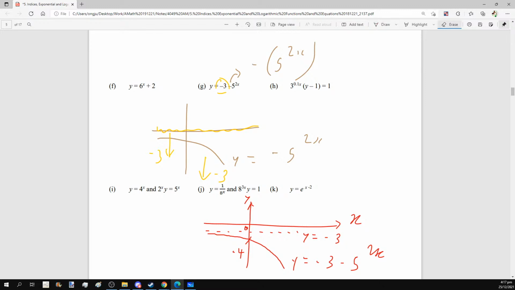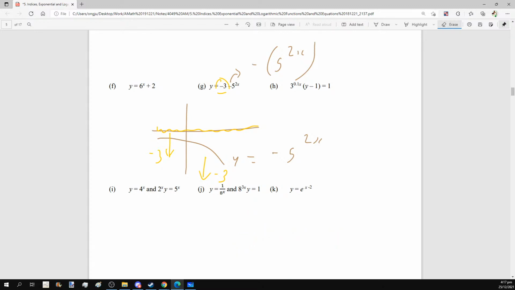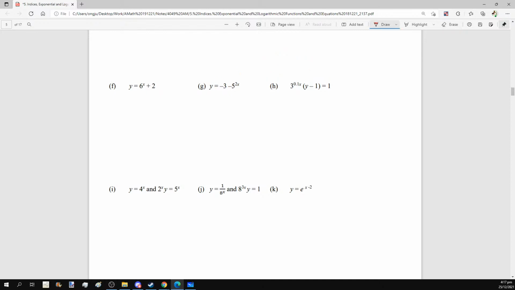So the next problem will be even more entertaining. This time around, we see that y isn't even the subject. So we will have to do the rearranging by ourselves. And in this case, you will notice that we can actually start by doing this, which then converts into negative indices.